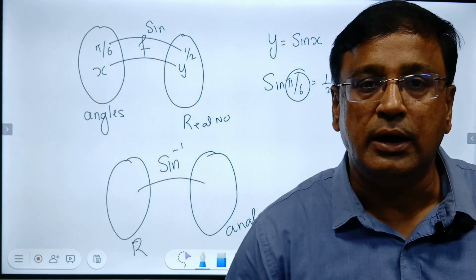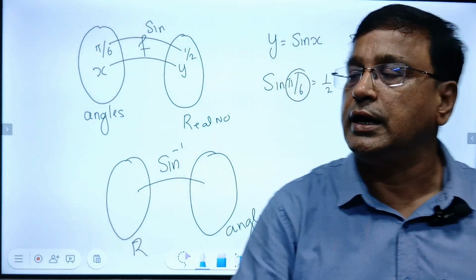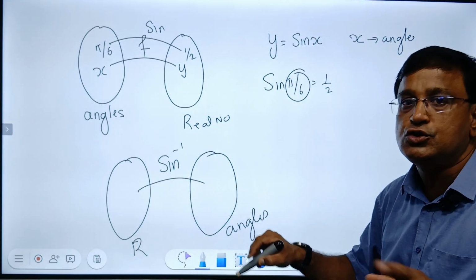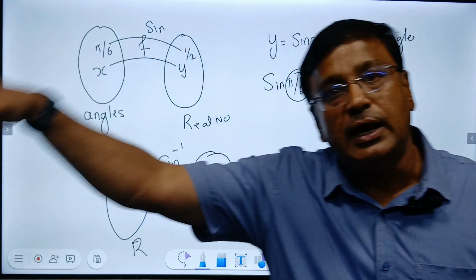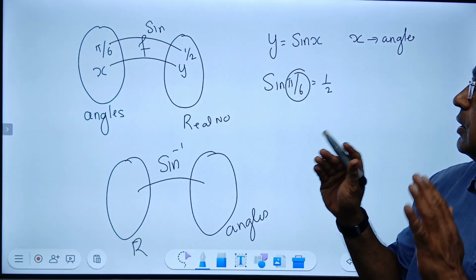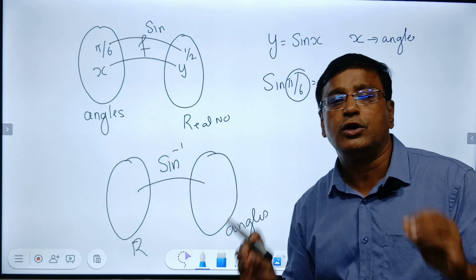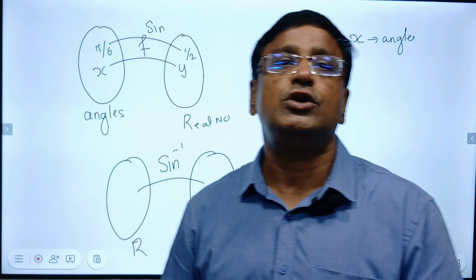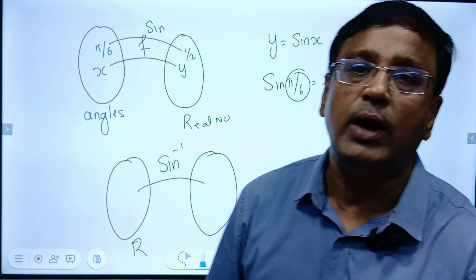Even though all are real numbers, just for your understanding, you have an angle here for sine. For sine inverse, it should be a number and the answer will be an angle. Keep that as simple as that. For trigonometric function, the angles are taken to numbers. For inverse trigonometric function, numbers are taken to angles.